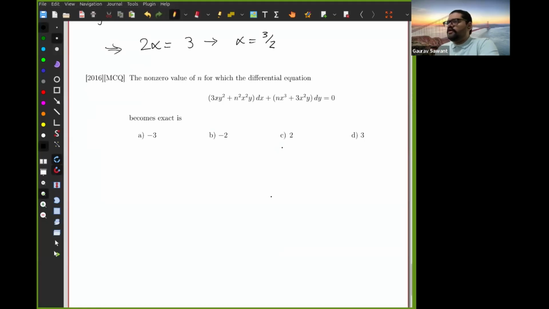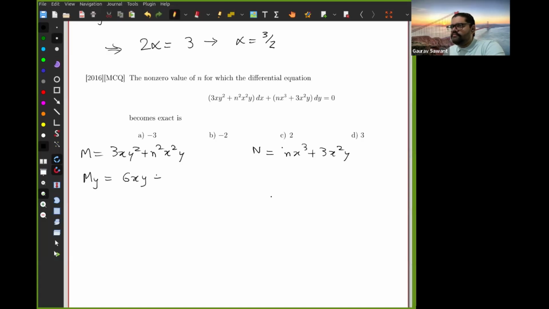So this time the particular constant that we have to evaluate is appearing on both sides. Just the same drill. Plus n square x square y equal to n x cube plus 3x square my equal to 6xy plus n square x square nx equal to 3nx square plus 6xy.